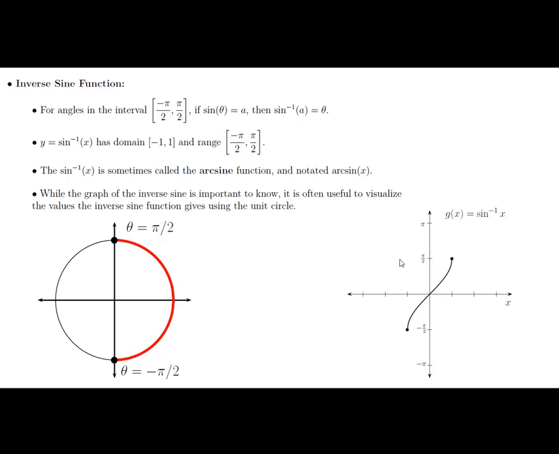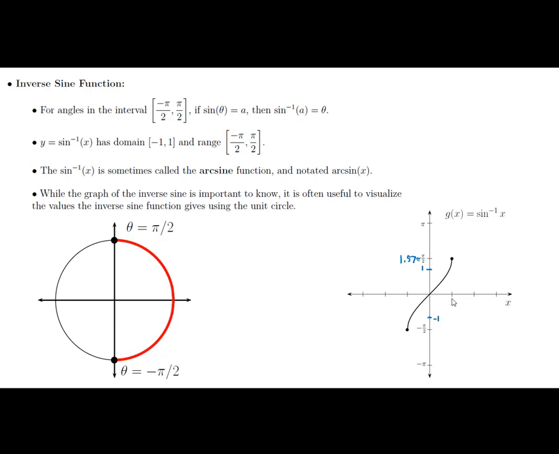So pi/2, understand first of all, is about 1.57. That's the approximation for pi/2. So that would put 1 right about here. Now put -1, I suppose, right about here. And then we've restricted ourselves in the sine function to go from -pi/2 to pi/2.